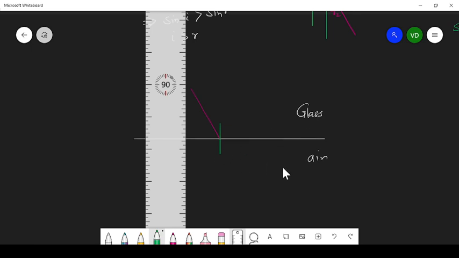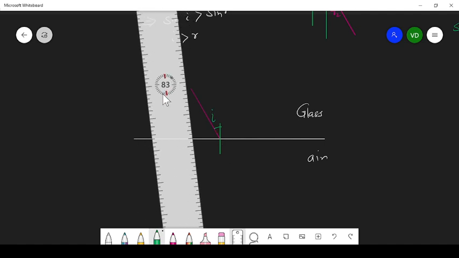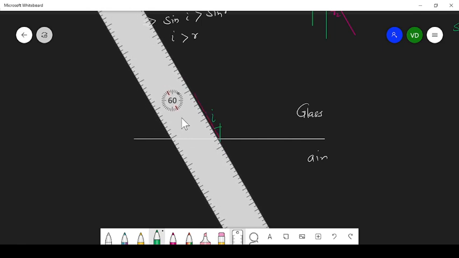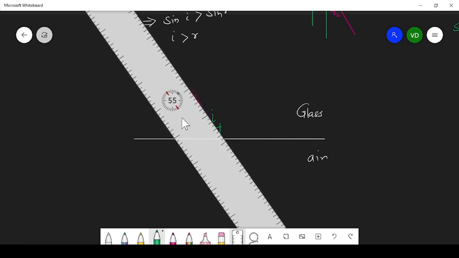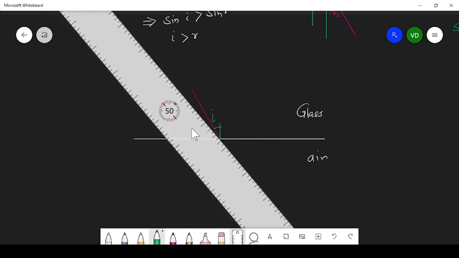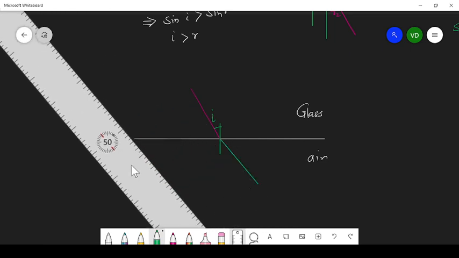So here you can see this is glass and this is air. This angle was 30 degree, the angle of incidence I. And now if I want to draw the direction of light that is coming out, the angle will be slightly more. I will just exaggerate it to 50 degree, right?